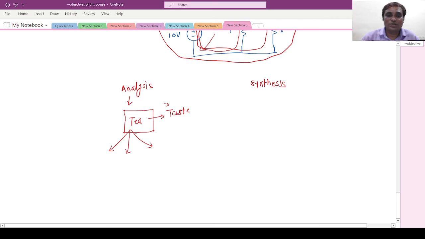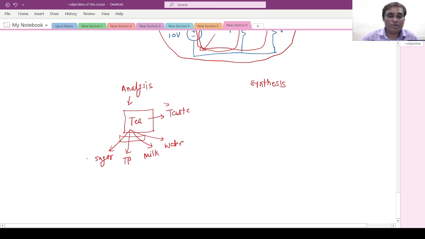How can this be done? If I have a tool by which I am able to find the amount of the detailed components present in it. So if it is tea, what are the detailed components? Maybe sugar, tea powder, then there may be milk, and, for example, water.